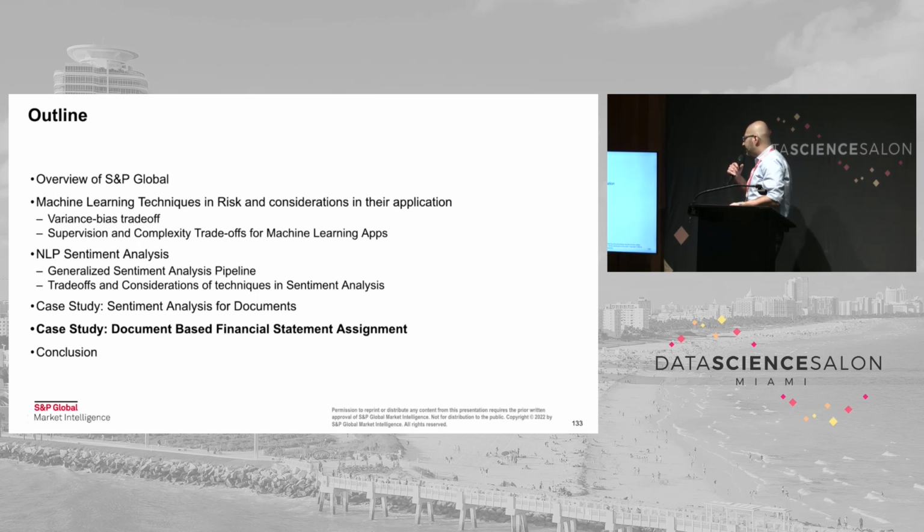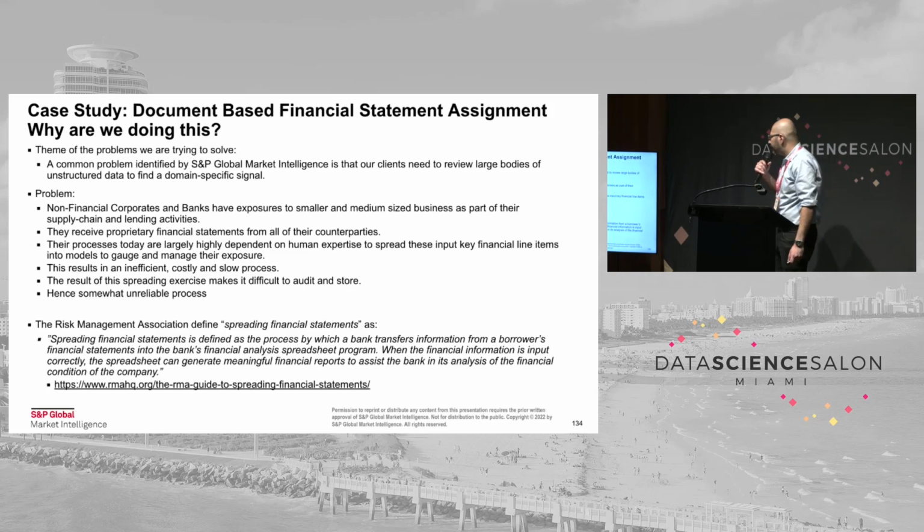The next one is more interesting, and more typical of traditional finance. In risk management and financial services, there's a term called spreading, and spreading literally means taking financial statement line items, and unfortunately, for a long time, looking at the document on paper or on a screen and typing it in line by line to run it through your internal models.